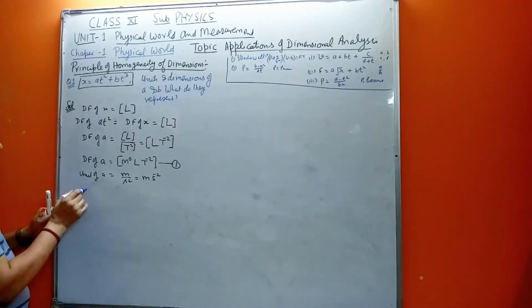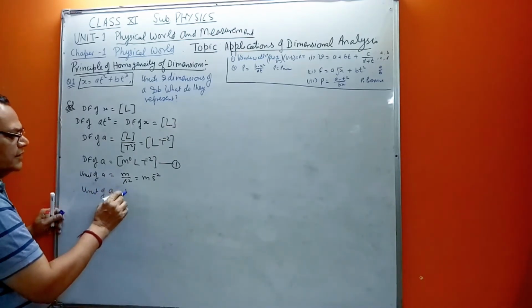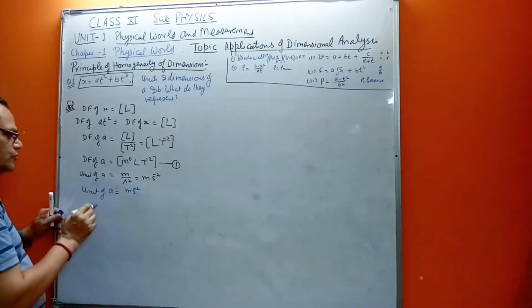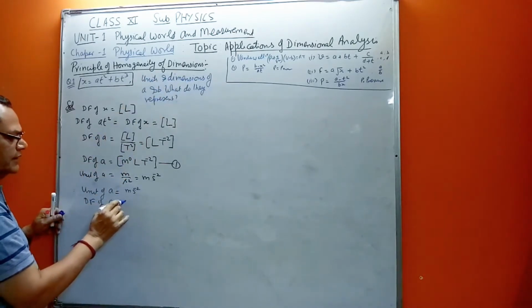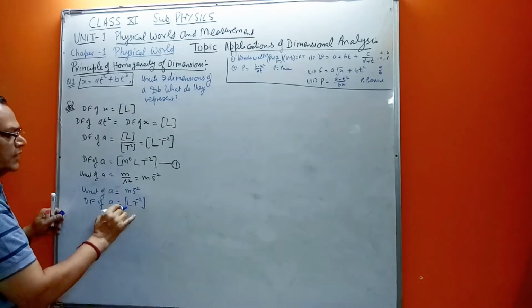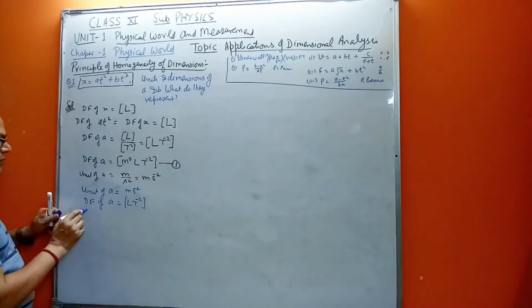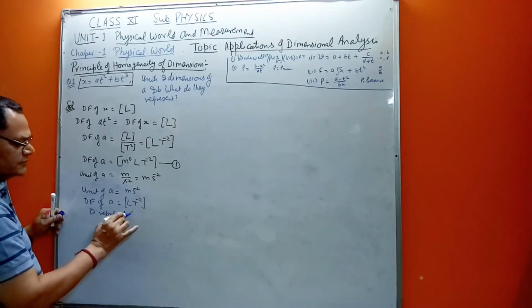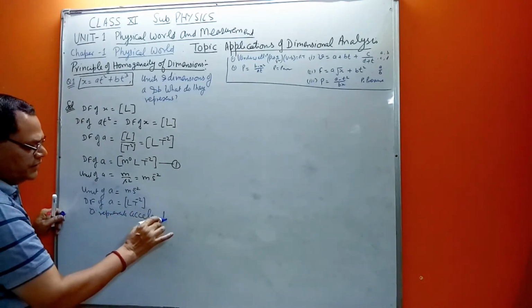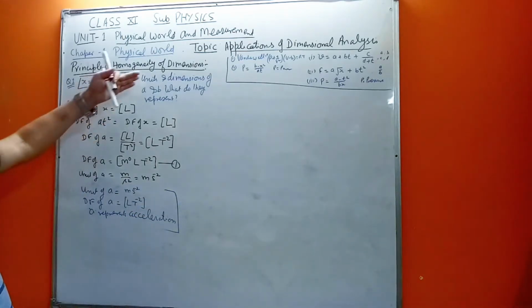So you can give all three answers one by one: the unit of a is ms minus 2, the dimensional formula of a is LT minus 2, and a represents acceleration. These are the three answers as asked in the question.